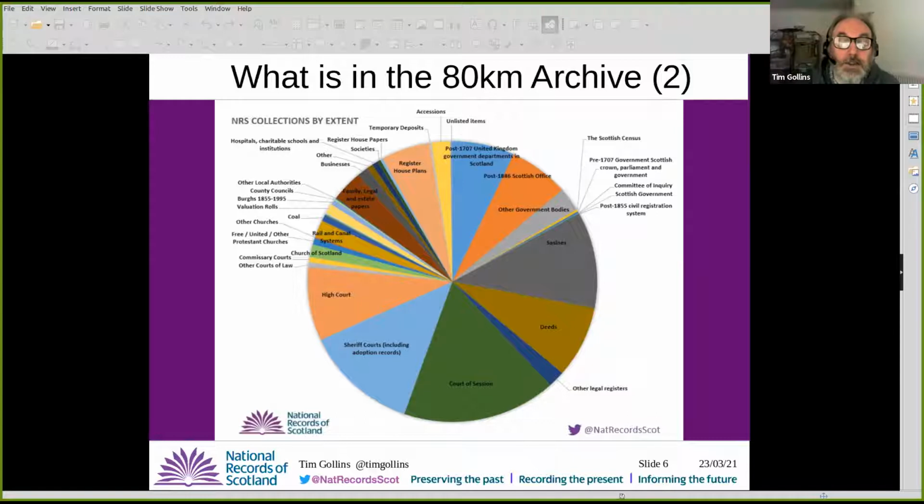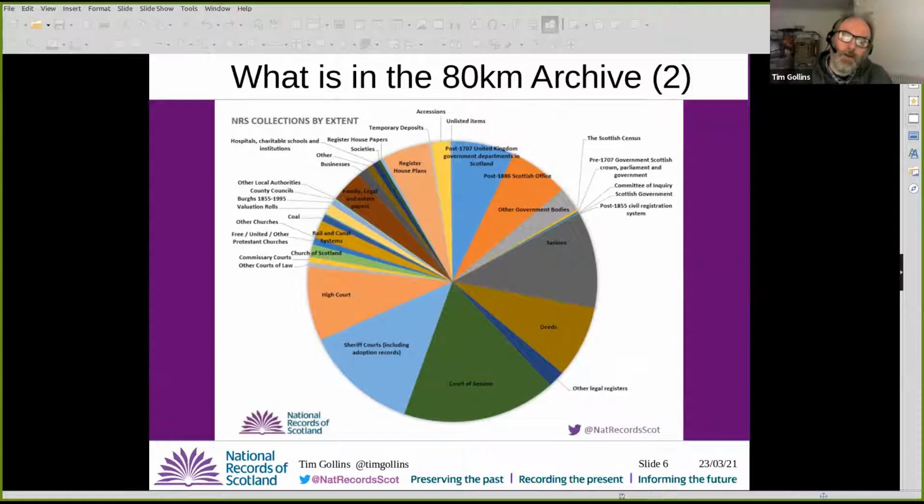And then on the top right-hand side, we have what one might think of as the more traditional records of a government archive, the administrative records of government departments and government administrations over time. So we're looking from 1707 up to the current day in that space. I should say we've got records across this space ranging from the 11th century right up to only a few months ago in different contexts. So we cover a vast range of times as well.